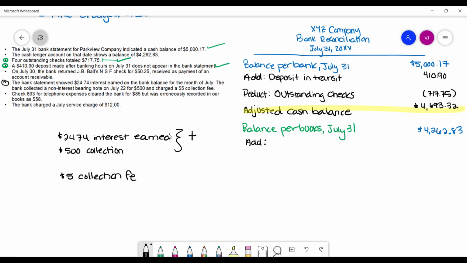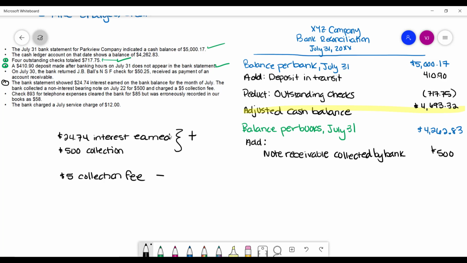So we want to first just deal with the additions. We will first add the note receivable collected by the bank. That is an addition of $500.